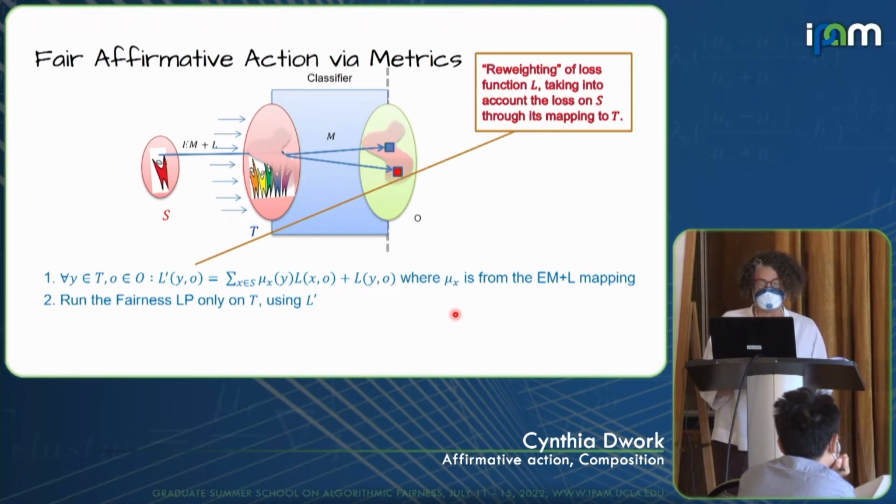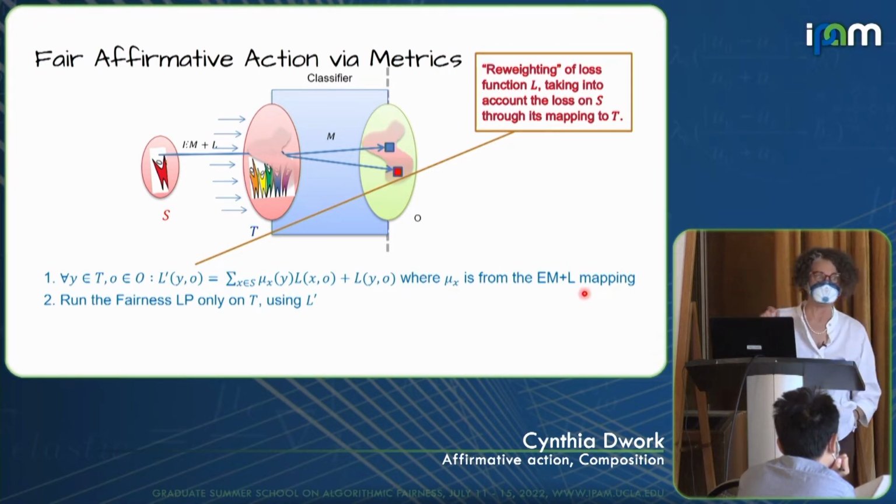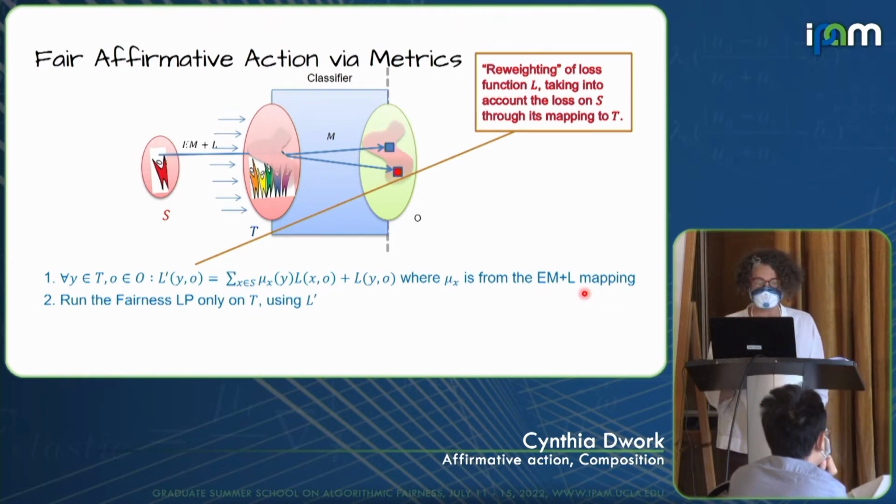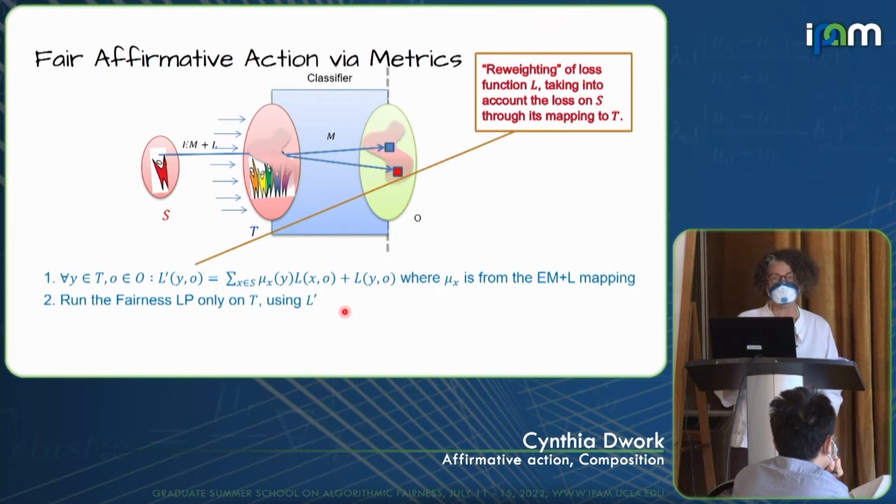Again, this mu x is what we got from our Earth mover and Lipschitz mapping that we did between S and T. And now we're going to run the fairness LP, using this reweighted loss function.